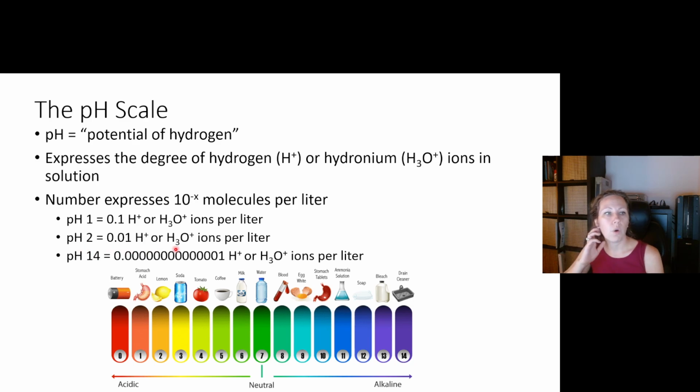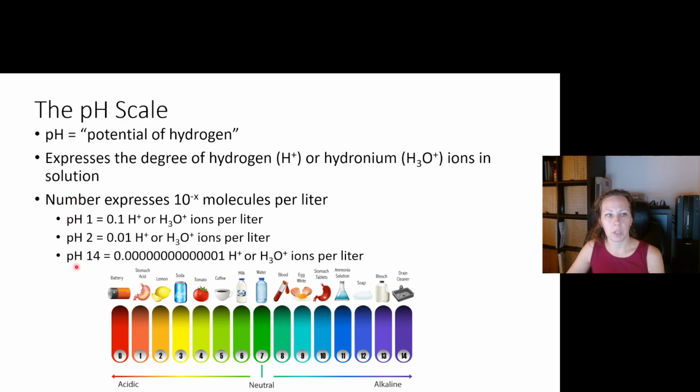So pH 1 has the highest concentration of hydrogen or hydronium ions per liter. The concentration just decreases from there. And so pH 1 is the most acidic, right? Because hydrogen and hydronium ions make something acidic. So pH 1 is the furthest acidity you can go. It's the highest concentration of hydronium ions.